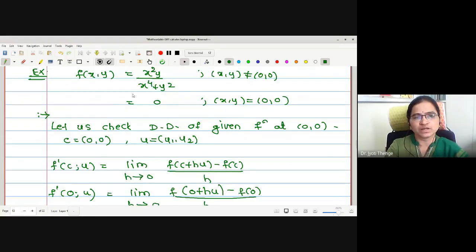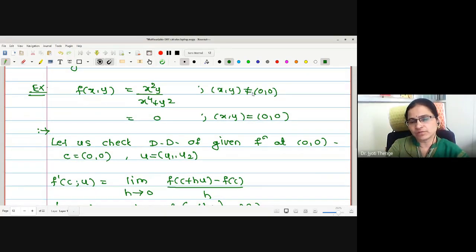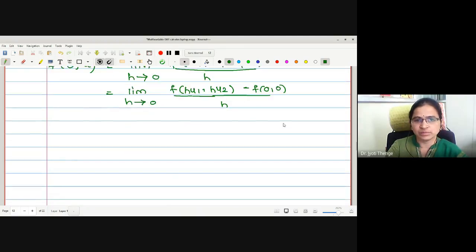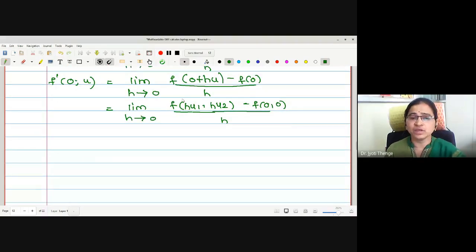What is the function? x square y upon x raised to 4 plus y square. Here we were considering two types of function, for xy not equal to 0, 0 and for xy equal to 0, 0. As we are claiming u1, u2 is not equal to 0, 0, we will use the first definition of the given function. Let me take this 1 by h out.